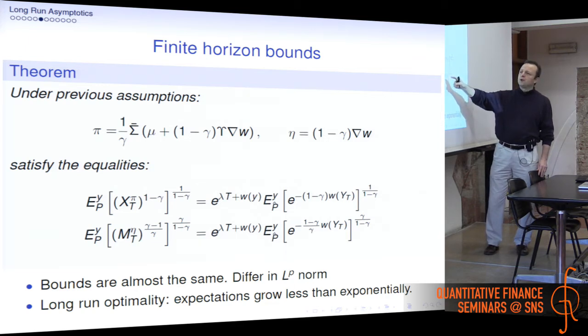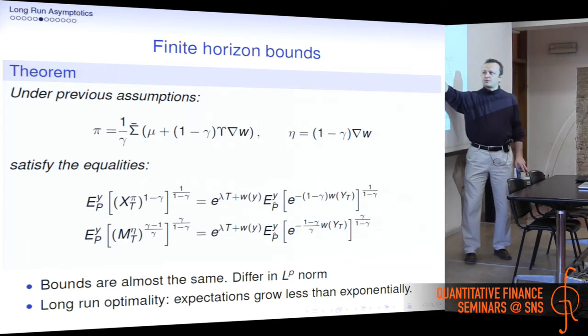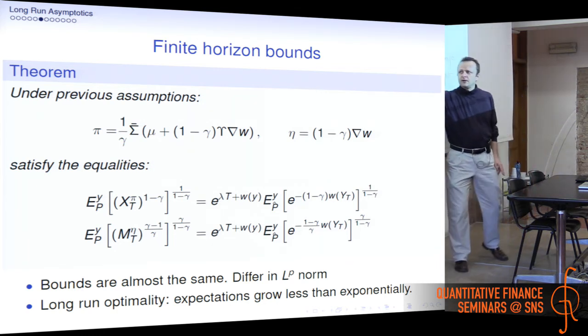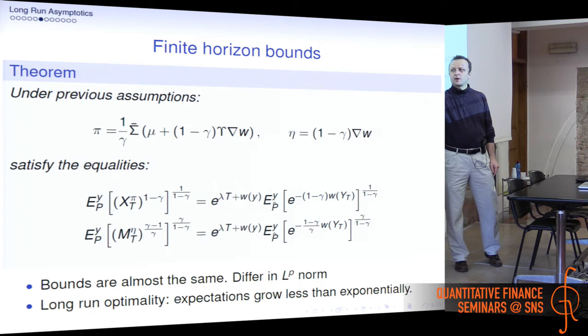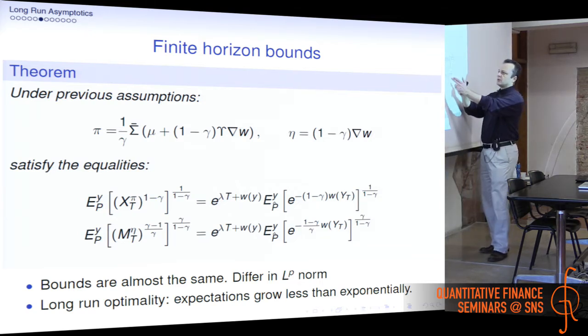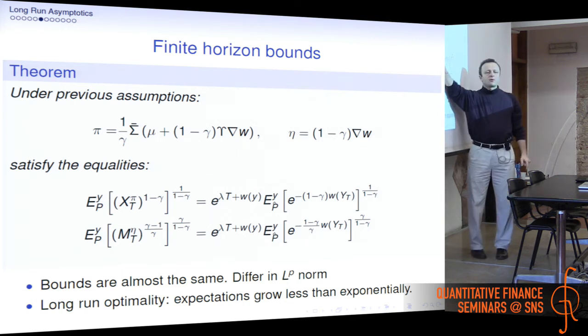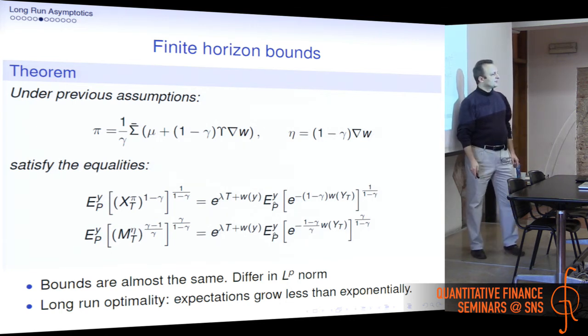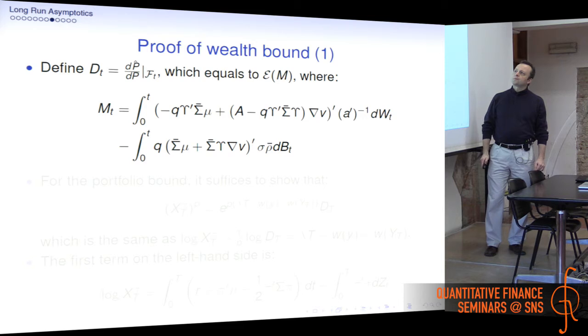We're going to prove that not just the expectation of this is equal to the expectation of that, but that this, after we get rid of the exponents and we look at the portfolio itself, the portfolio itself is equal to this times that multiplied by dp hat over dp, okay? And then we are going to pass to the expectations, and the expectation is going to give us this directly.